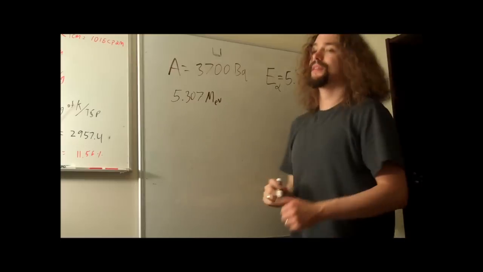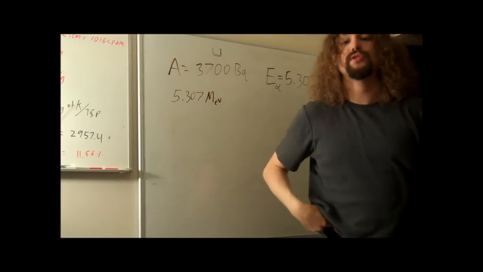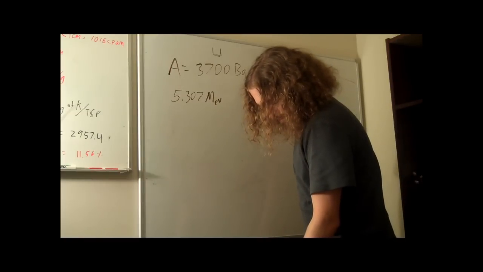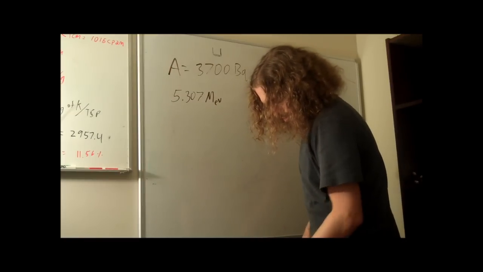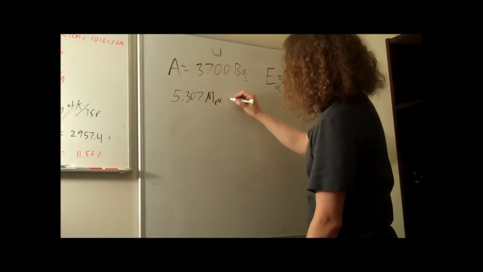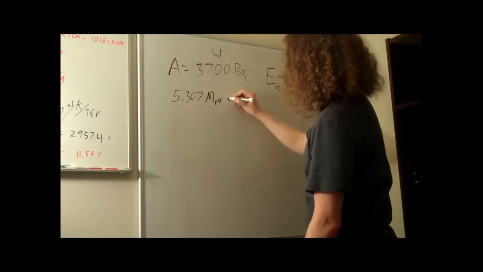And then we're going to multiply that by the conversion factor to joules. 1 million electron volts to joules is equal to 1.602176 times 10 to the negative 13 joules. I'm going to use an x for times.